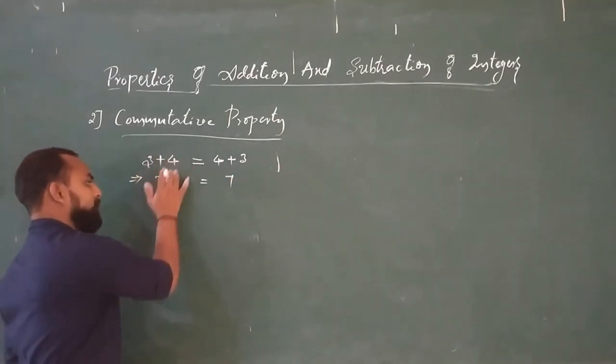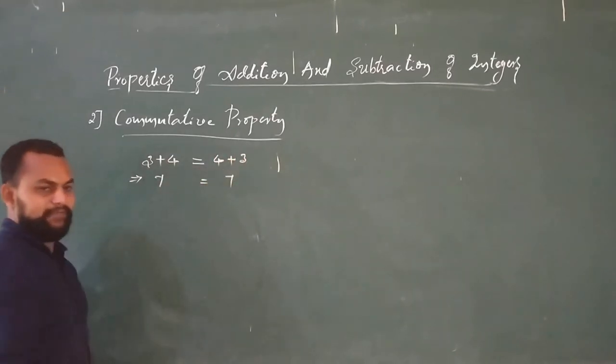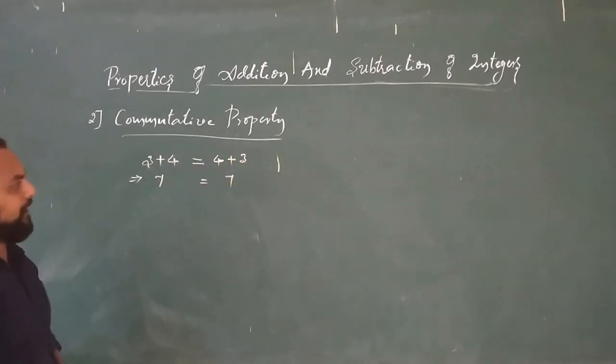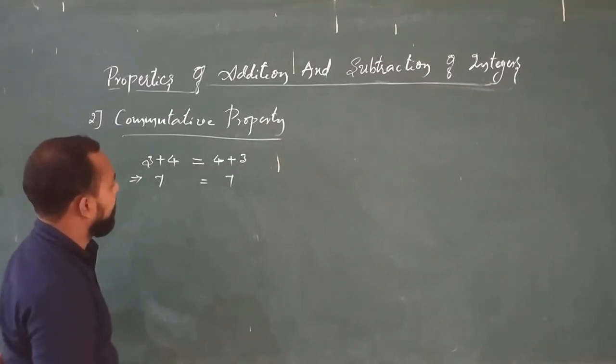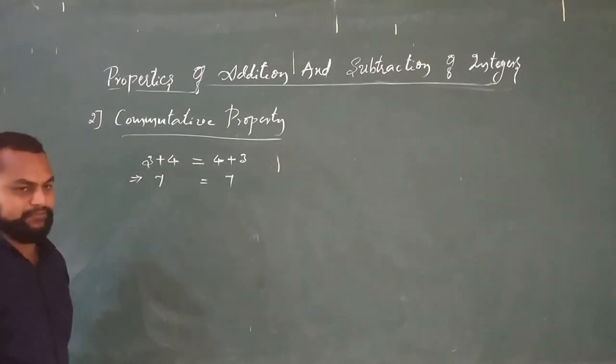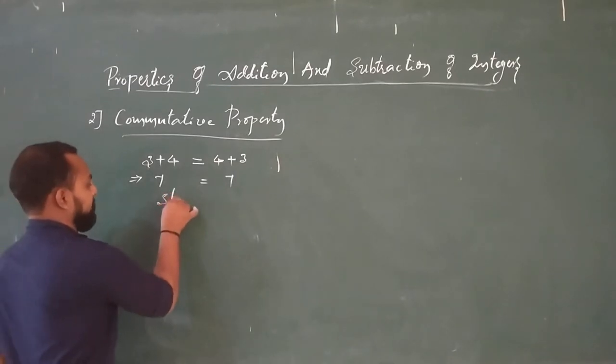Here 3 plus 4 is 7, 4 plus 3 is 7. The whole numbers satisfy the commutative property under addition.